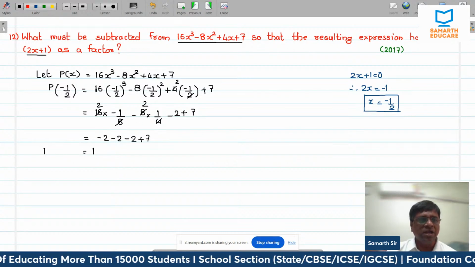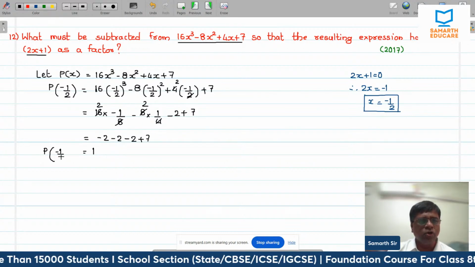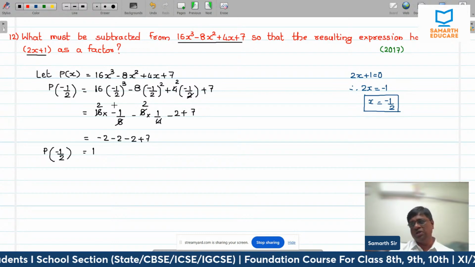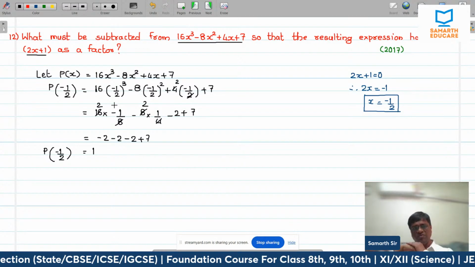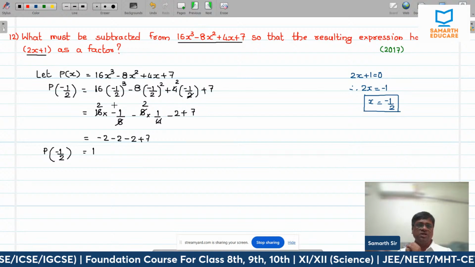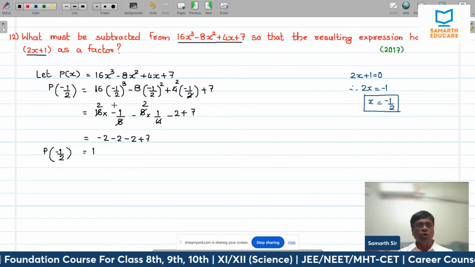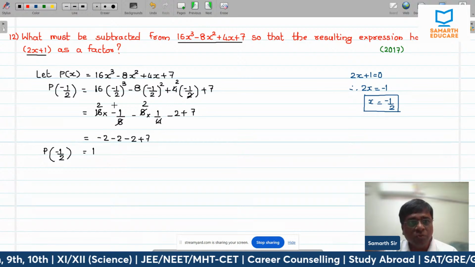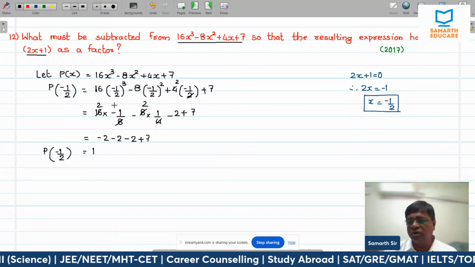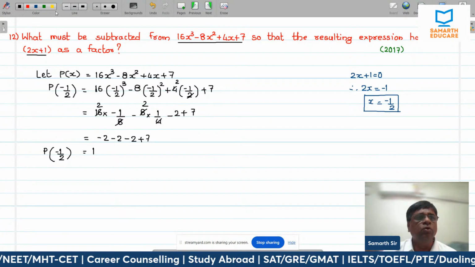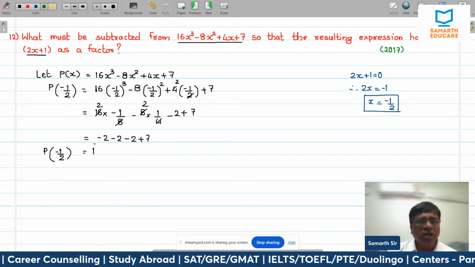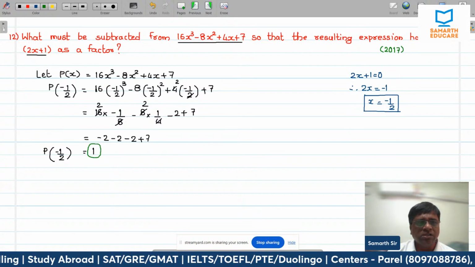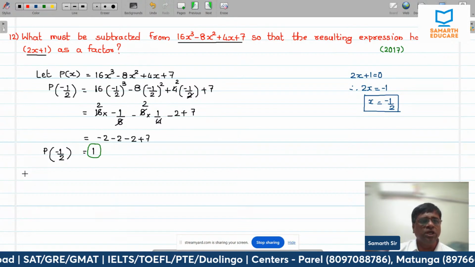तो मेरा रिमाइंडर क्या आया? Whatever the polynomial is given to me, if I am dividing the polynomial by 2x plus 1, I get the remainder as 0. Sorry, I get the remainder as 1. But I need the remainder as 0 because उसको फैक्टर बनाना है. तो रिमाइंडर कितना होना जरूरी है? 0. तो रिमाइंडर 0 बनाने के लिए मुझे किससे सब्ट्रैक्ट करना चाहिए? 1 से सब्ट्रैक्ट करना जरूरी है.